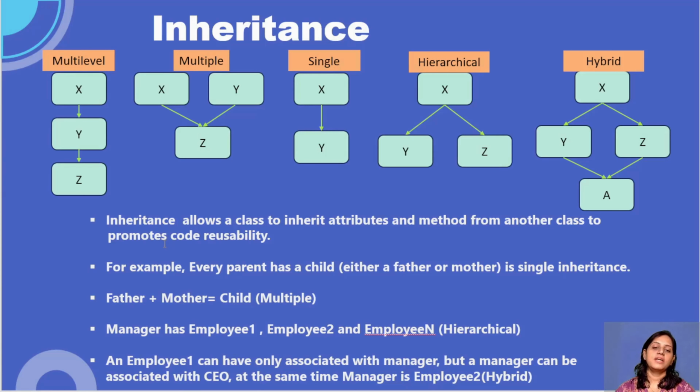Inheritance allows a class to inherit attributes and methods from another class to promote code reusability. Like I said, you need to define only one parent class, and that one parent class can be reused by all child classes. For that, we have different types of inheritance: multi-level, multiple, single, hierarchical, and hybrid.